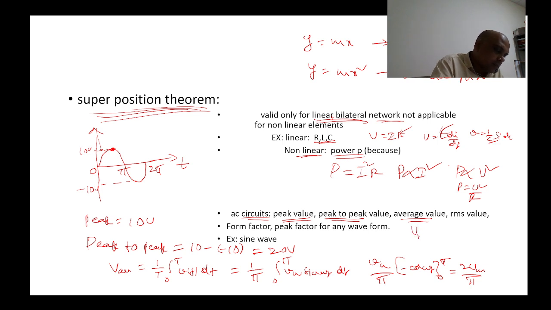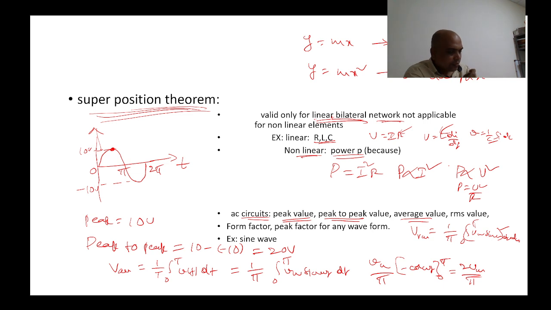Similarly, you can find the RMS value. VRMS is the square root of the mean, the same thing: 1 by pi, 0 to pi, of Vm sin omega t squared, d omega t. If you do this, you will get the RMS value. If you know the average value and the RMS value, you can find the form factor and peak factor.